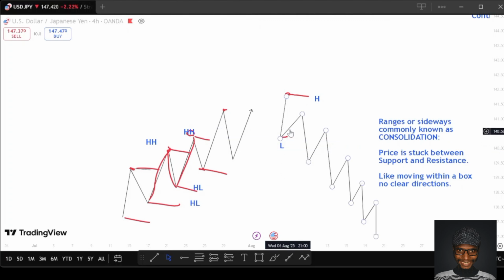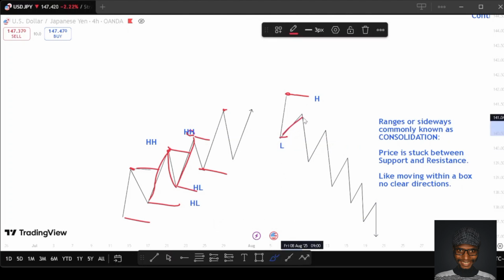Now price pulls back, but still respects this high, then reverses and gives us another low here. Because price broke this low, we call this lower low, and this our new lower high.